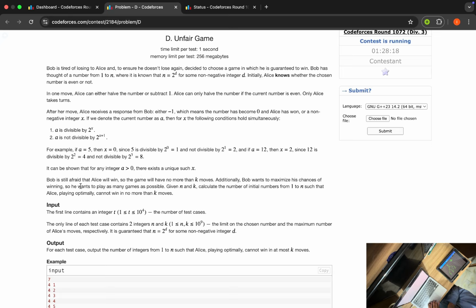Bob is still afraid that Alice will win, so the game will have no more than k moves. Additionally, Bob wants to maximize his chance to win, so he wants to play as many moves as possible.